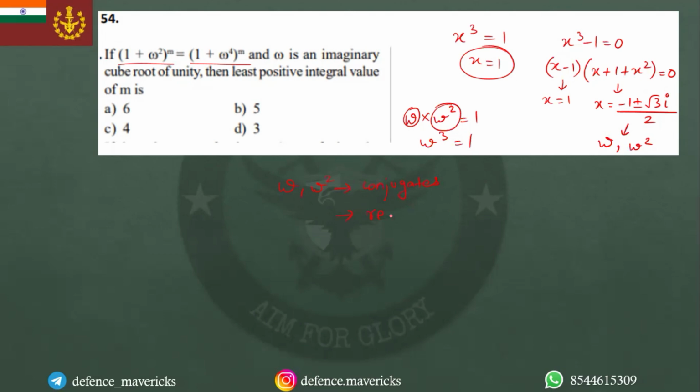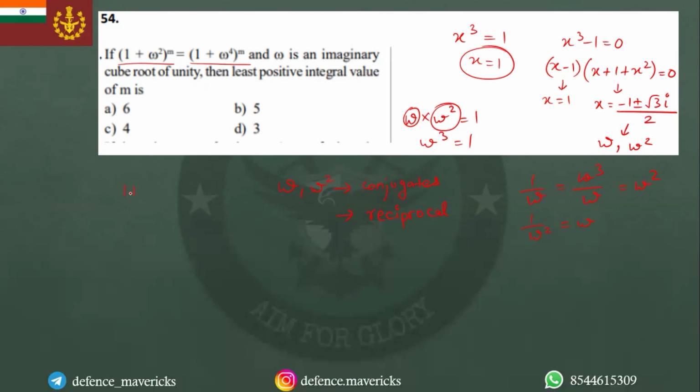They are also reciprocals of each other. Why reciprocals? Because if you do 1 by omega, you can substitute 1 with omega cube. So omega cube by omega is omega square. So 1 by omega equals omega square, and vice versa, 1 by omega square is also equal to omega. So they are conjugates of each other, they are reciprocals of each other, and both of them are cube roots of unity. You need to remember these.